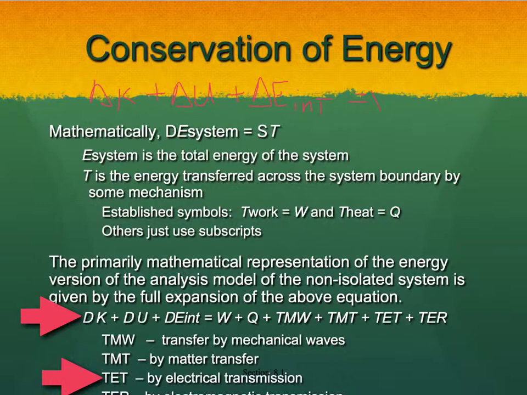So that could be equal to the amount of work that we've done, plus the amount of heat that we may have added or lost, plus the transfer based on mechanical waves, or the transfer of energy based on matter transfer, or the amounts of energy based on electric transfer through electric current, or the amounts of energy based on electromagnetic radiation. So that is ultimately the same thing as what we just said. Delta E for the system, again, which represents kinetic, potential, and internal, is equal to all of the different types of energy transfer that we can have.